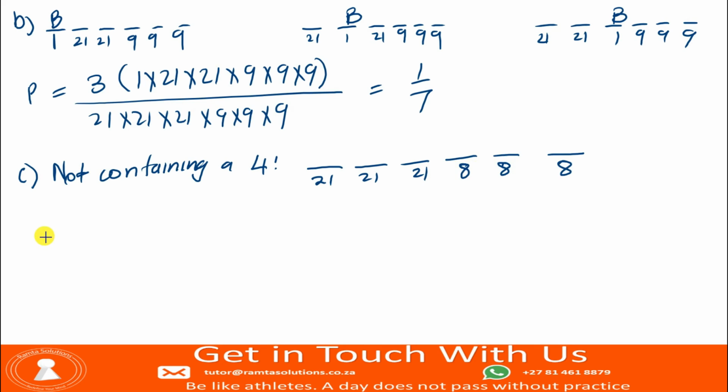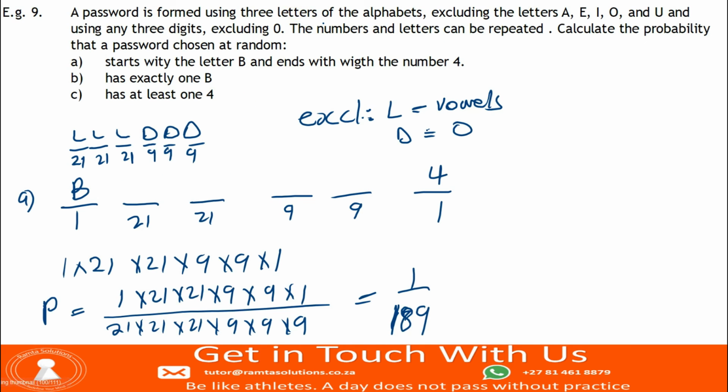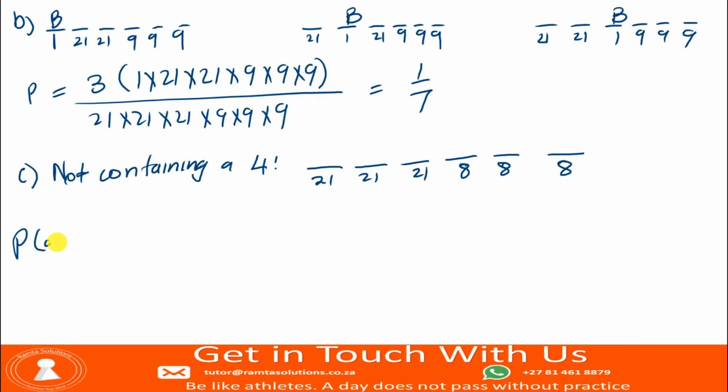So the probability of at least one 4 is equal to 1 minus the probability of no 4.